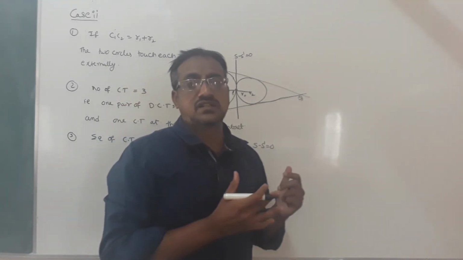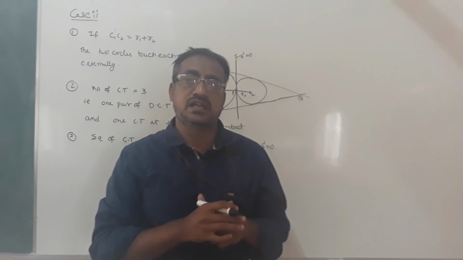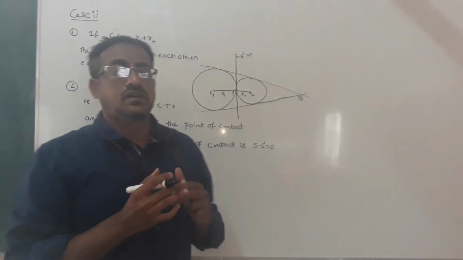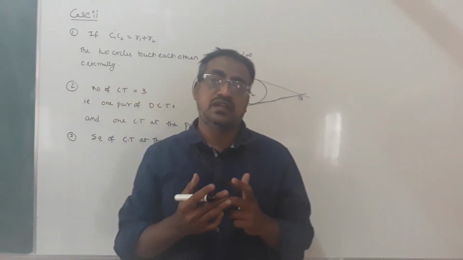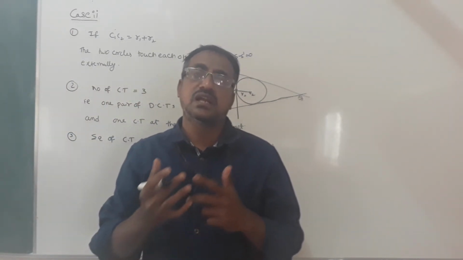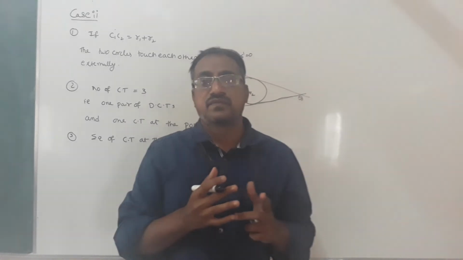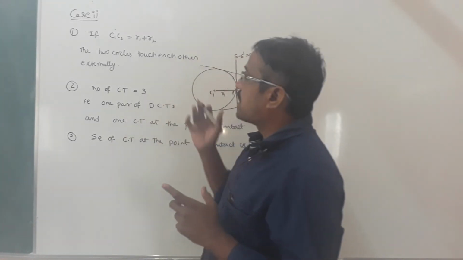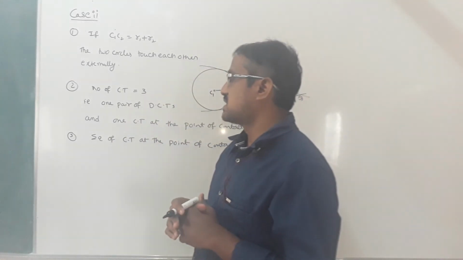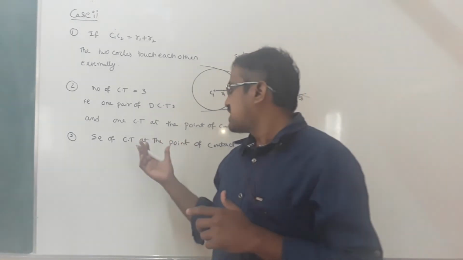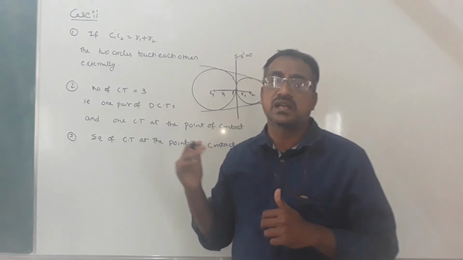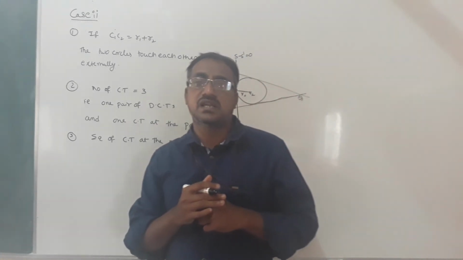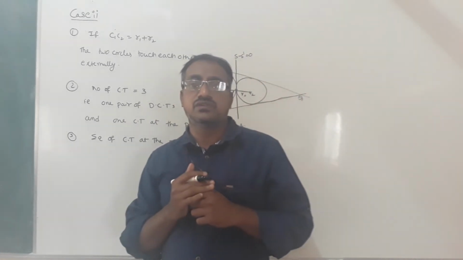You will learn this concept in system of circles. So, if C1 C2 is equal to R1 plus R2, then the two circles touch each other externally, the number of common tangents is 3, and the equation of the common tangent at the point of contact is S minus S dash is equal to 0.